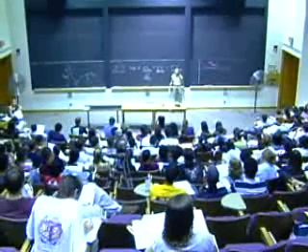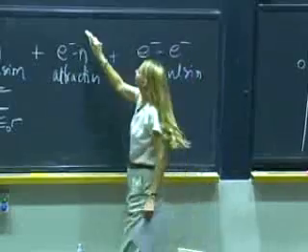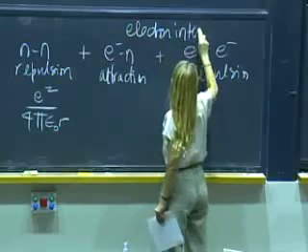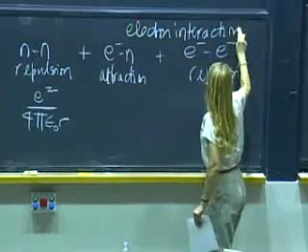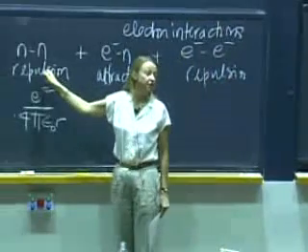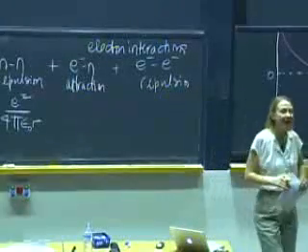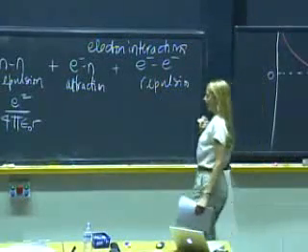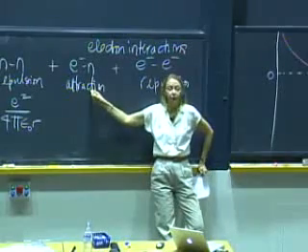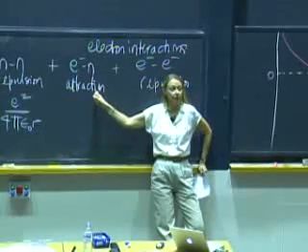Now, next, these two terms. These two terms are what I'm going to call the electron interactions, because both of them involved the electron. This one didn't. This was just the nucleus. It turns out that I don't have a nice simple way to tell you what the R dependence will be for the electron-nuclear attraction.